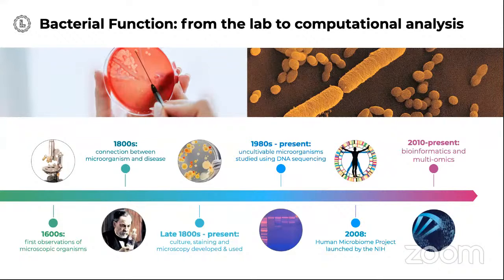Due to the advances in metagenomic sequencing and other omics technologies, enormous databases of data from such communities have led to the emergence of computational metagenomics, which can help study the 99% of uncultivatable organisms in the context of their natural environment. So this is a brief timeline. In the 1600s, we had the first observations of microscopic organisms.